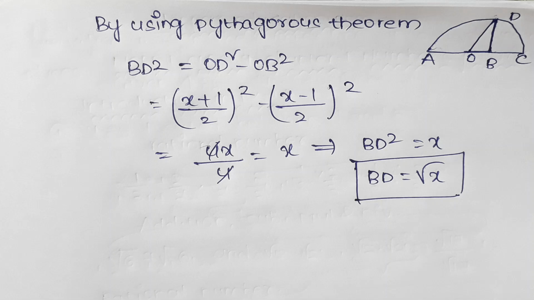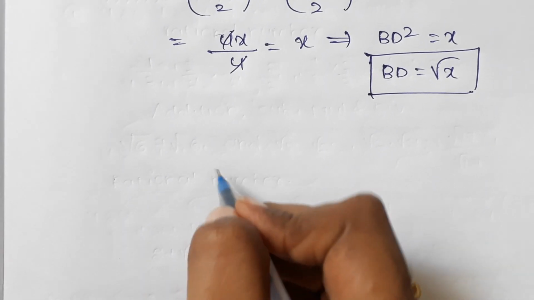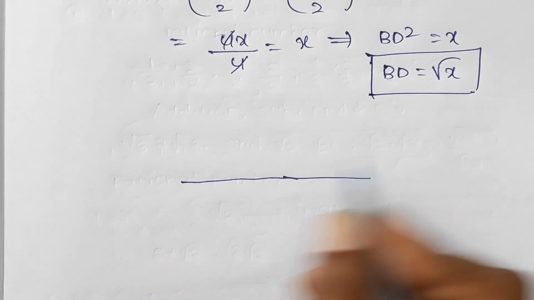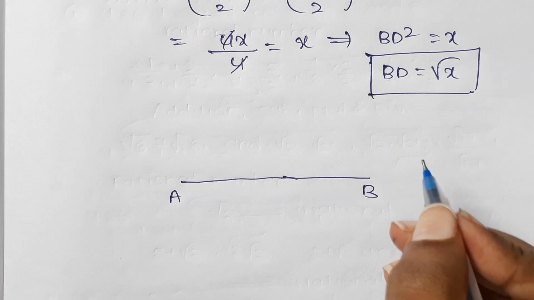If we want to know the position of root x on a number line, now draw a number line, that is here. This is the number line for AB, and B is the radius.